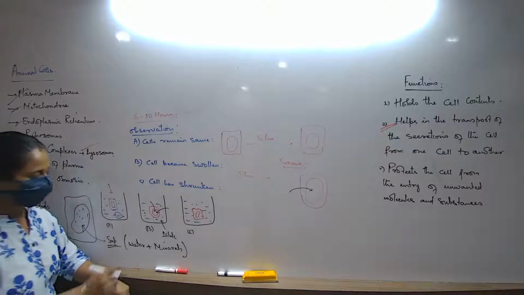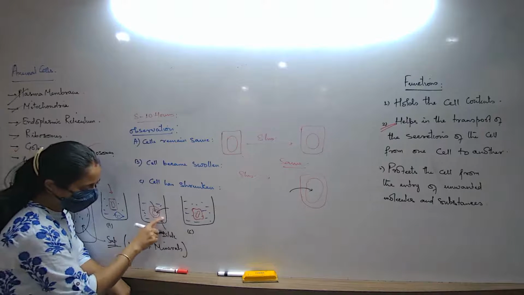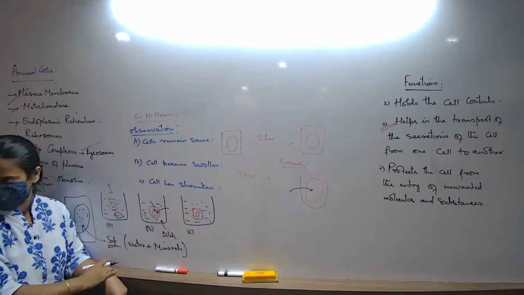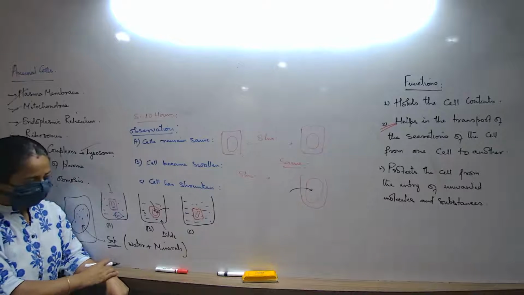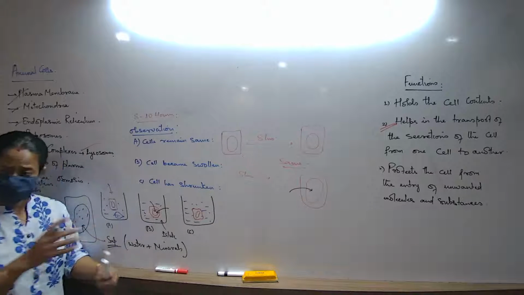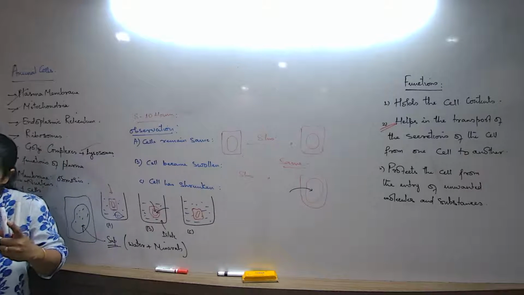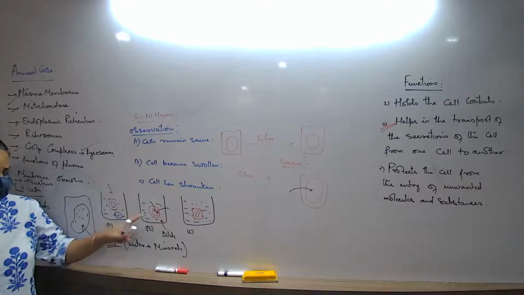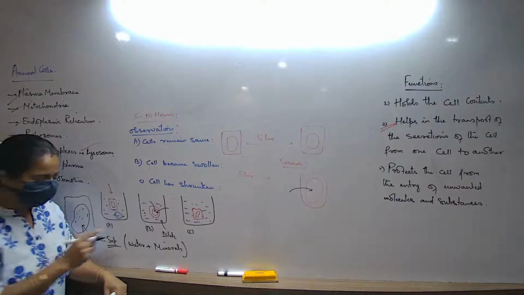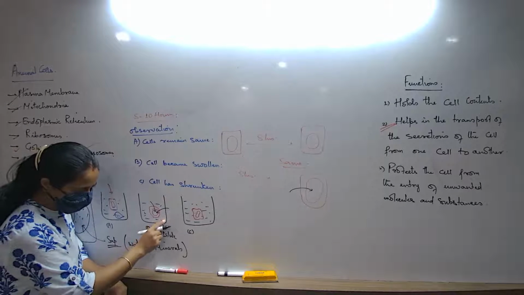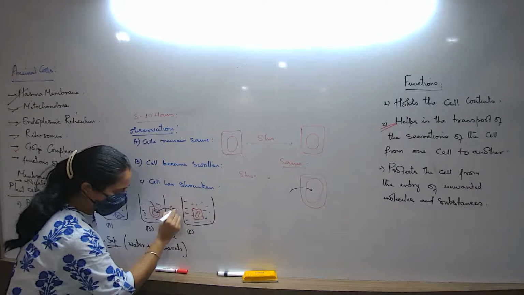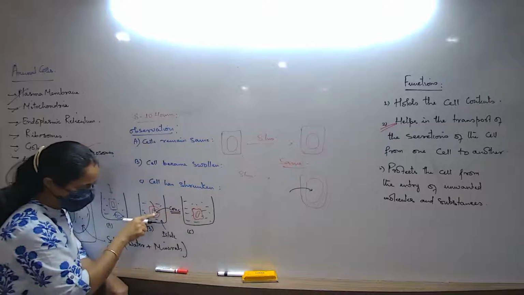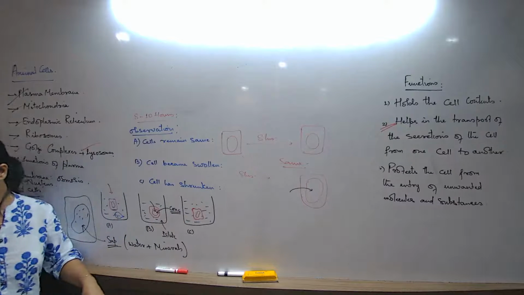Now what am I doing? I am comparing this solution with the sap inside. And I get to see that this cell is swelling only because water has entered. So why will water enter? Because this is a dilute solution and inside, the sap is a concentrated solution.